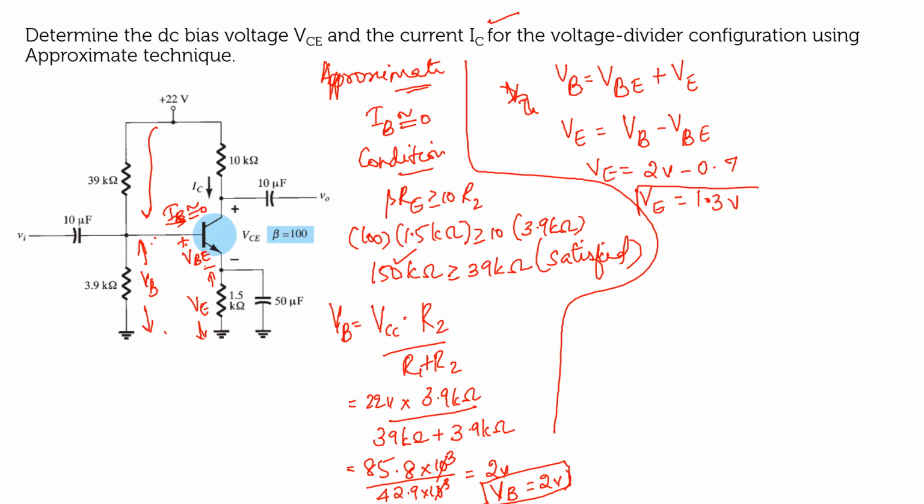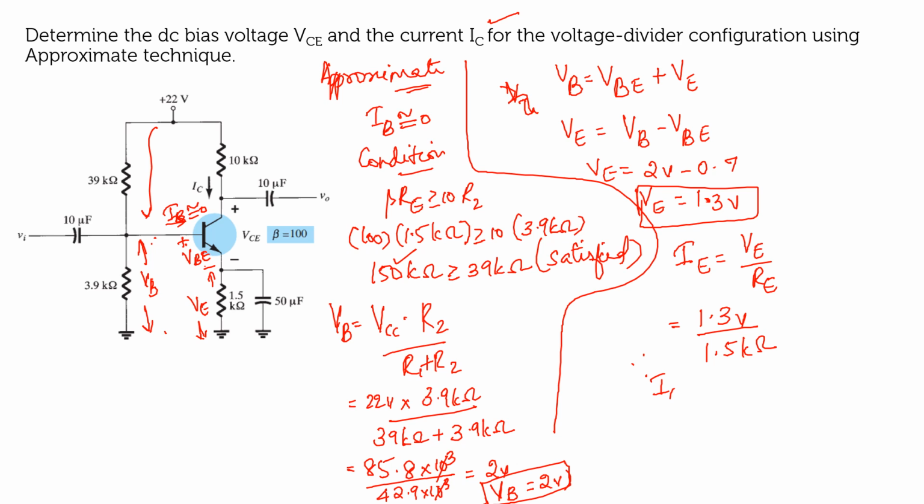So now you have got the value for VE. Okay. So once you have calculated the value for VE, you can calculate IE. IE is equal to VE divided by RE. VE is equal to 1.3 volt divided by RE, 1.5 kilo ohm.